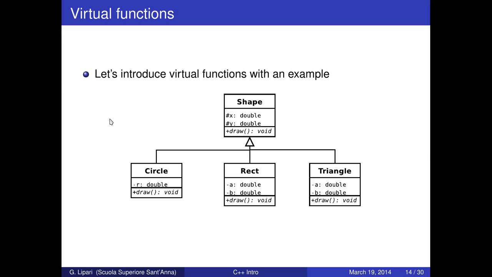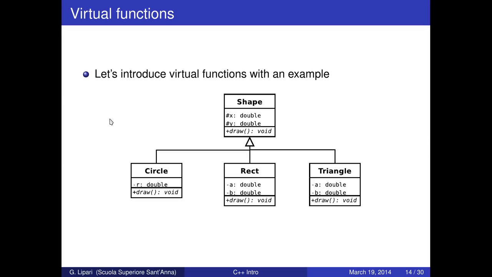Okay, and then I define derived classes like circles, which is going to have a radius r, a rectangle, in which I'm going to define the length of the two sides, and triangle.